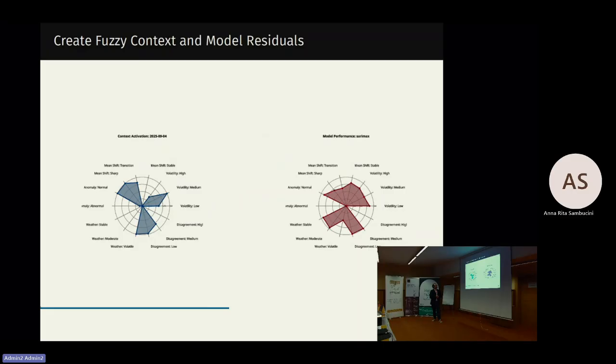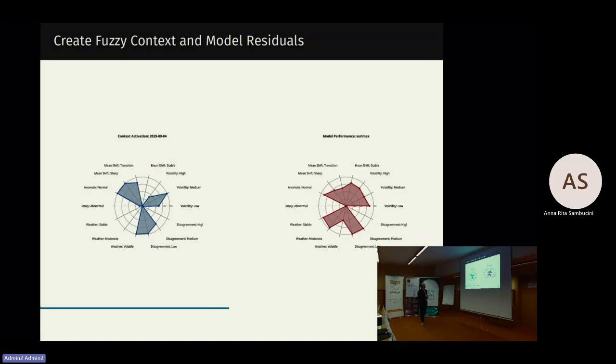When we look at different models and different contexts, we can characterize the different regions a little bit. On the left side, I know it's small, so I'll read it to you. We have, for example, the context for the 4th of September 2025. We have a medium volatility profile, so the membership for volatility would be set to medium. The weather is quite volatile at this time, so it's a rather unreliable feature. This is just the profile that we expect for tomorrow.